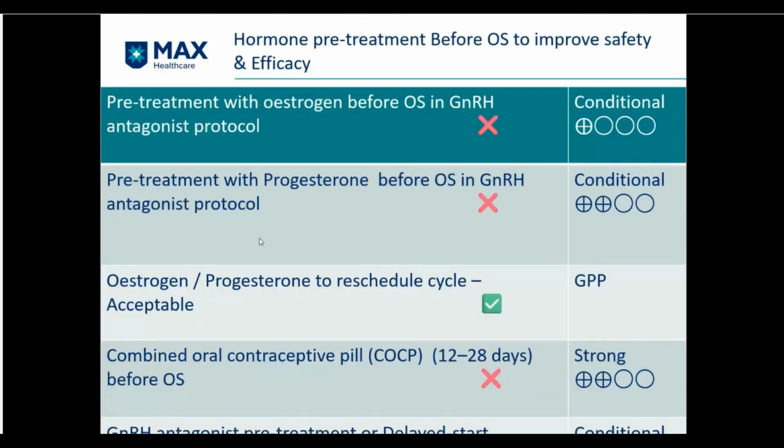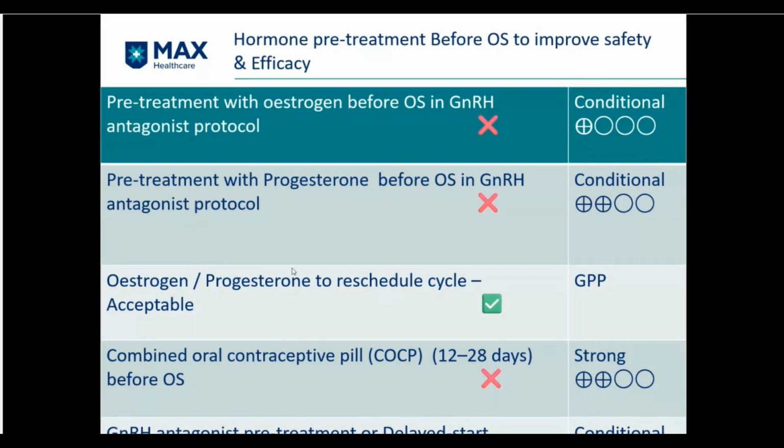Now coming to the pre-treatment, so that we get a good cohort and synchronous follicles on day 2 and day 3. Pre-treatment with estrogen before ovarian stimulation in the antagonist protocol is not recommended. Similarly, progesterone, and similarly the GnRH antagonist delayed start gonadotropin protocol, not recommended.